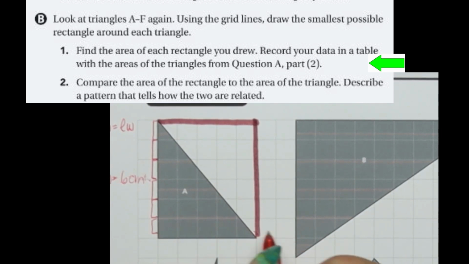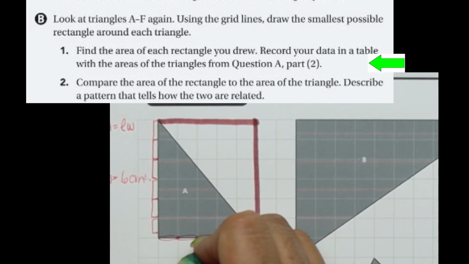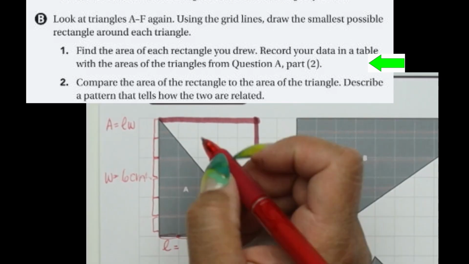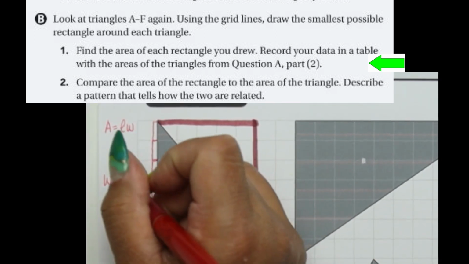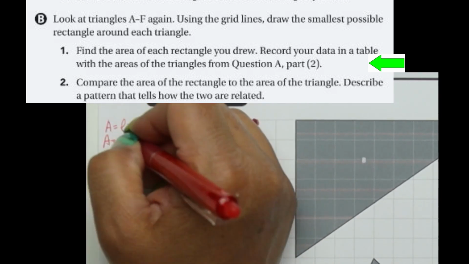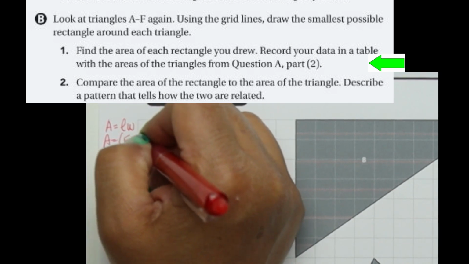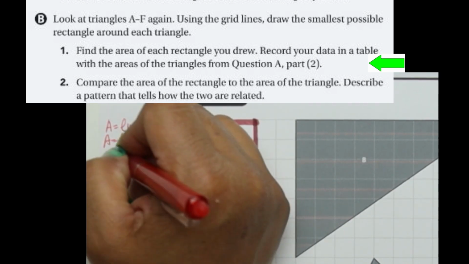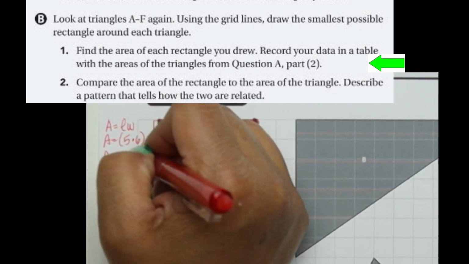Now the length, which is left to right, we have 1, 2, 3, 4, 5. So this is 5 centimeters, and that's the length. So the area is length times width. So the area is 5 times 6. And area equals 30 centimeters squared.